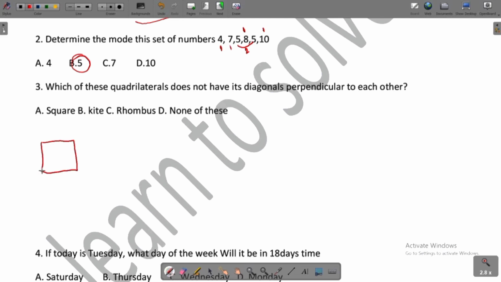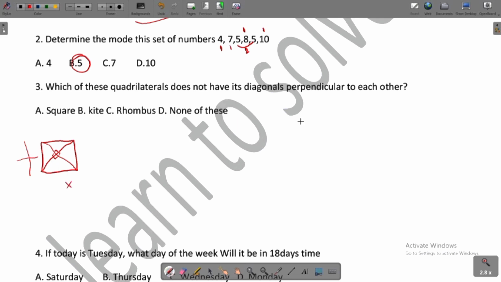That is, if you draw from here to this side, and you also draw from here to this side, it gives us 90 degrees, 90 degrees, 90 degrees, 90 degrees. So the diagonals are perpendicular. This diagonal we have here and this one we have here are perpendicular to each other. So this one is out of it.